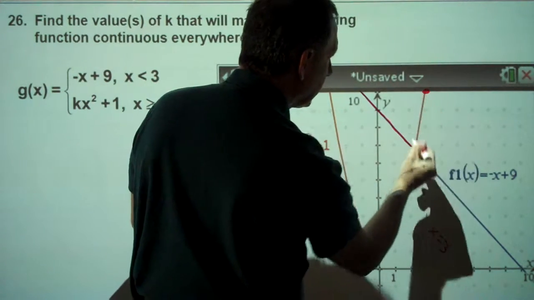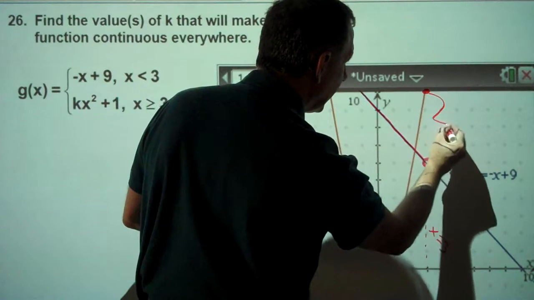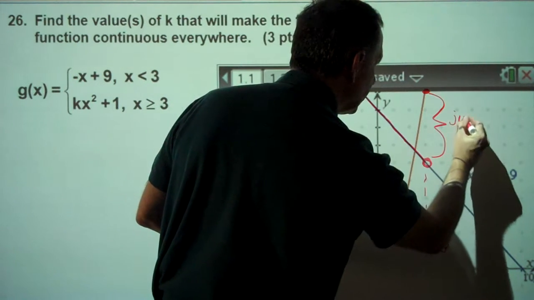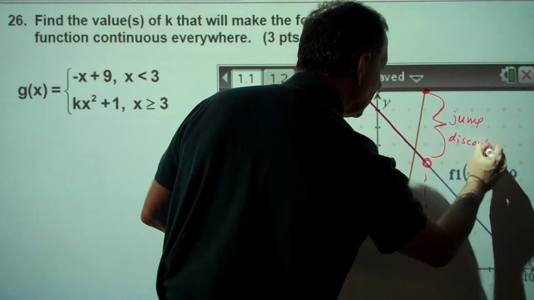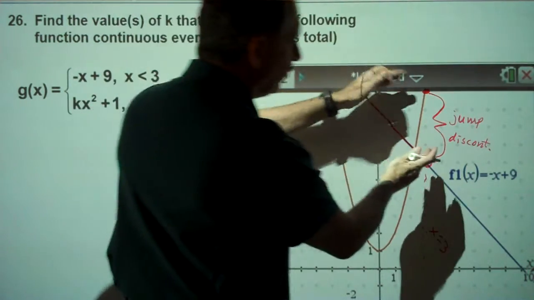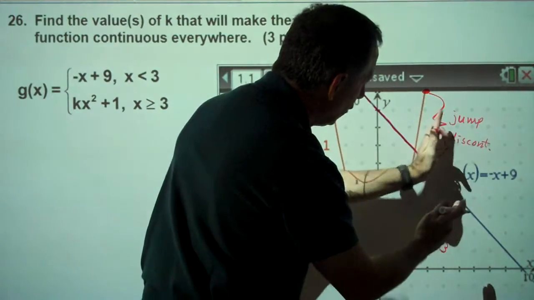If we were to use x squared plus 1, we would have what we call a jump discontinuity. But we're not trying to get a jump discontinuity, we're trying to get no discontinuity.